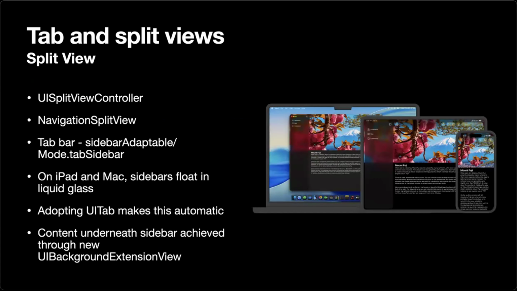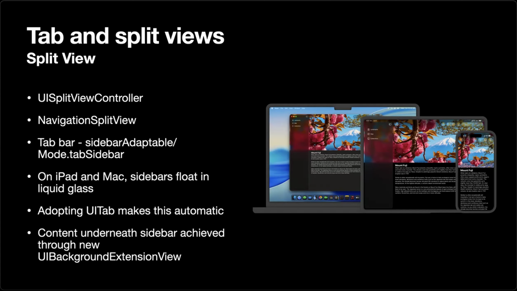Here's an example of split view, new this year. If you're using UI split view controller, you may be used to the content kind of being squished visually when you expand. But new this year is this visual effect that they're applying in iOS 26, or in their 26 version of their operating system.